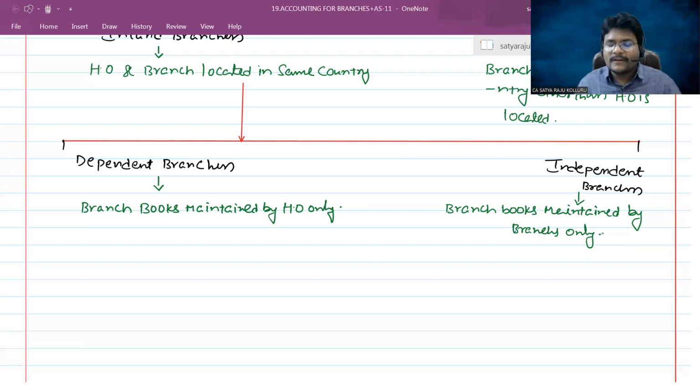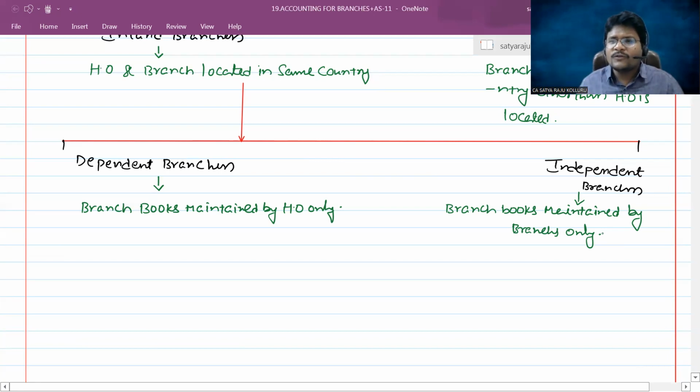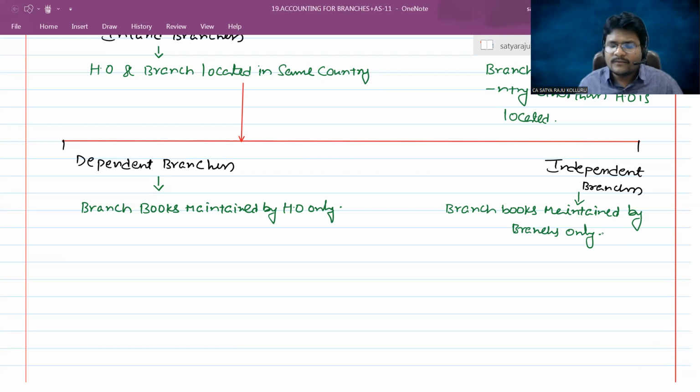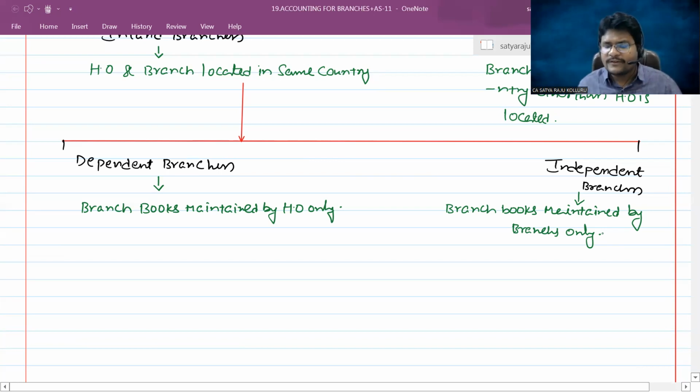But in most cases, when the head office goes for dependent branches, it does so only for the purpose of procurement of raw material or execution of orders. If it wants less interface or very little interaction with that branch, then generally it adopts a dependent branch.